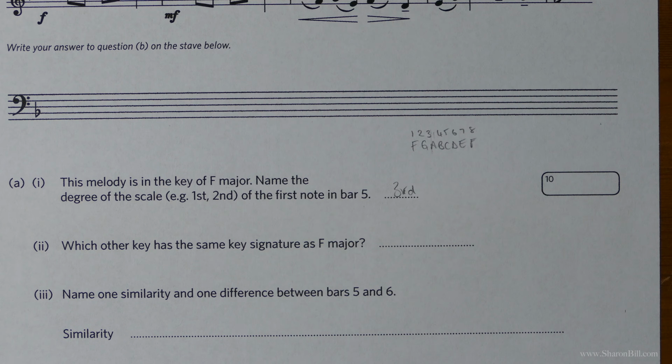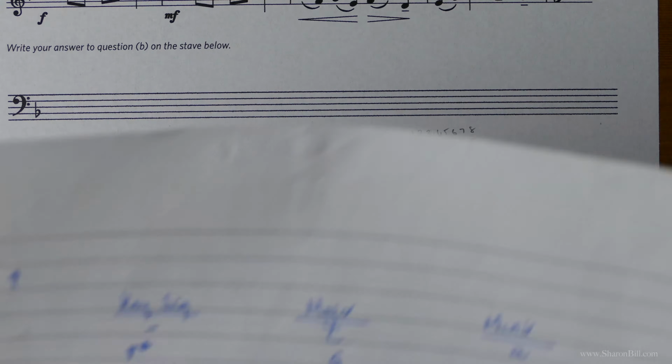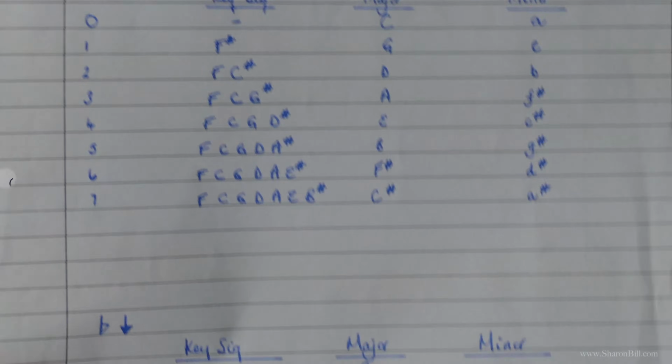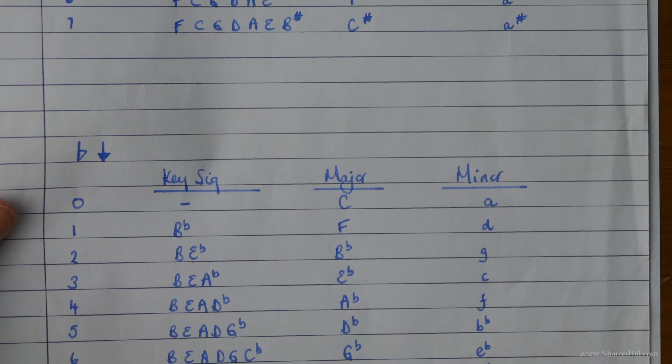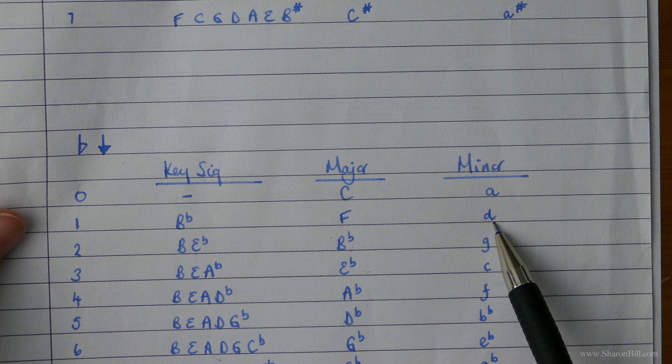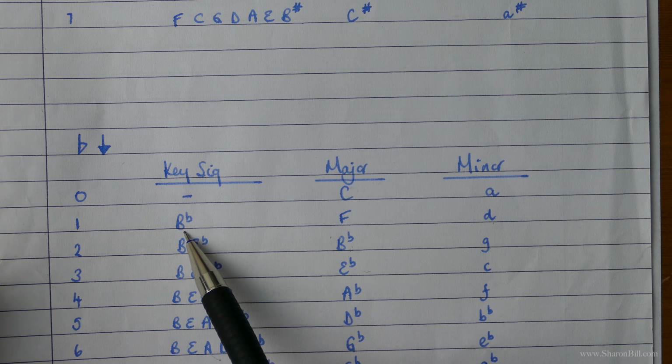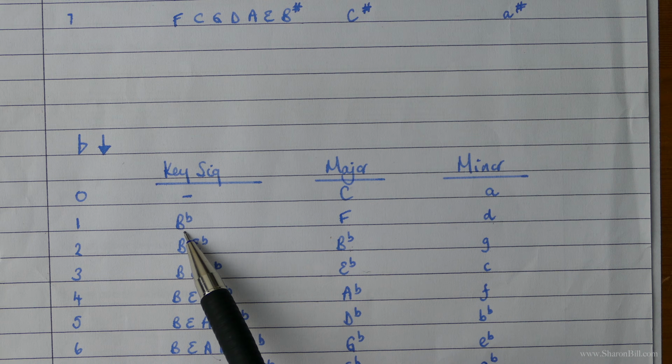Now just a general question here, which other key has the same key signature of F major? Now if you've written your circle of fifths out before you even started the paper, you've already done your thinking for this, and you'll be able to see that F major has the same key signature as D minor, and that's B flat. If you're not sure how to do that, I filmed a video tutorial showing you all about the circle of fifths.